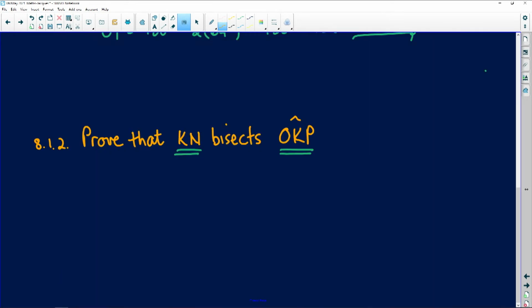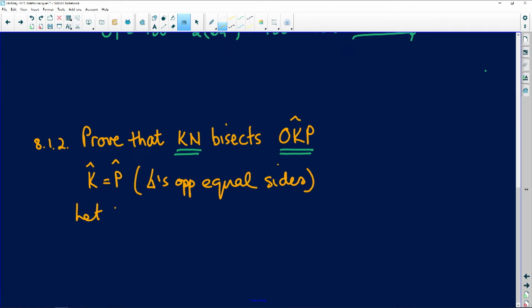Let me just make space. The angle at K, now that's K1 plus K2, is equal to the angle at P. They are angles opposite equal sides. So we're going to say, let angle K2 be equal to P. Then the whole of K, so K1 plus K2, is equal to P plus 32 degrees.